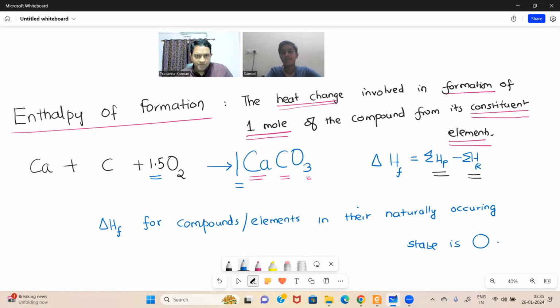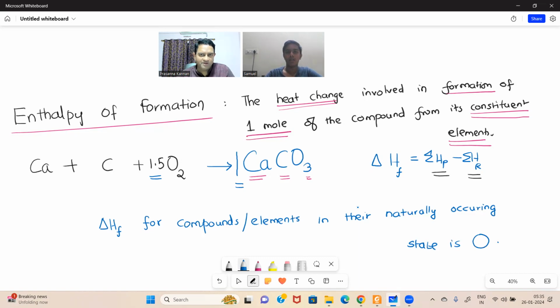Why is it so? When I say heat change, it means the amount of heat that I have to give to the system or the amount of heat that is released from the system, correct? So either it is an endothermic process or an exothermic process. Endothermic process is where heat is absorbed by the system, and exothermic process is where heat is released by the system.